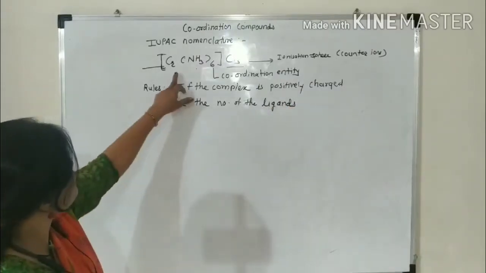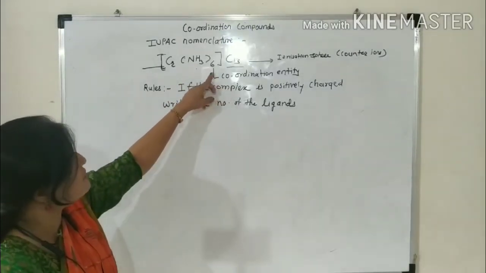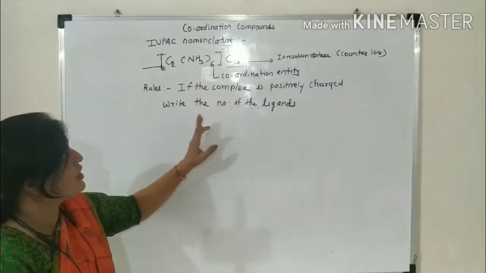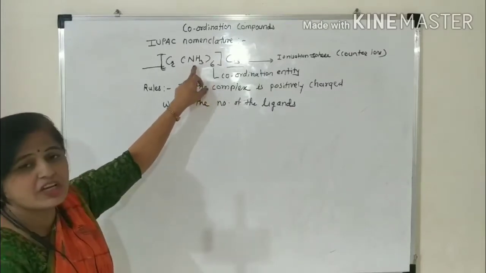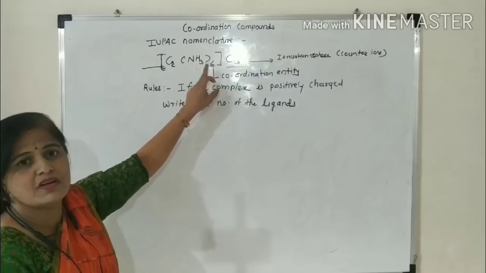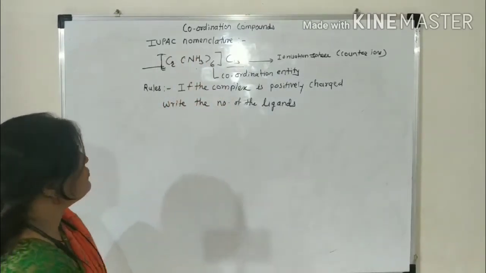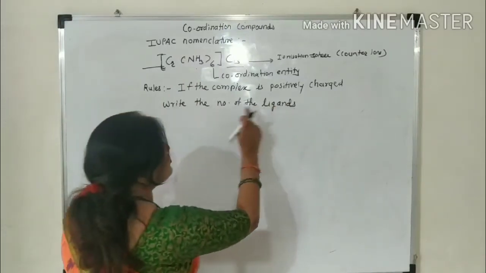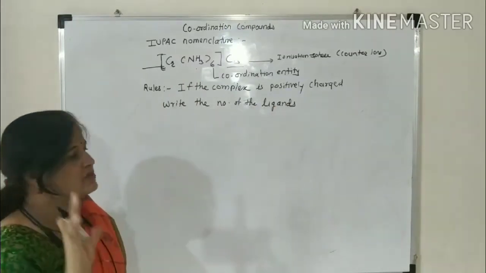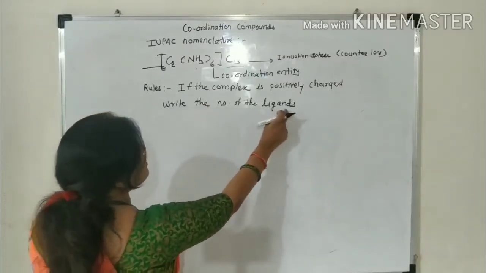Suppose in this chromium, how many ligands are present? 6. Therefore you can write hexa. Which ligand is amine? Hexaamine. Amine is present 6 times, therefore it is called hexaamine. Therefore, write the number of ligands. Number means how many times that ligand is present.